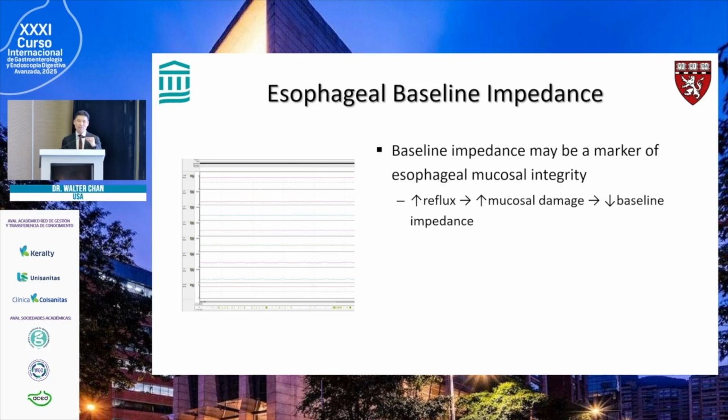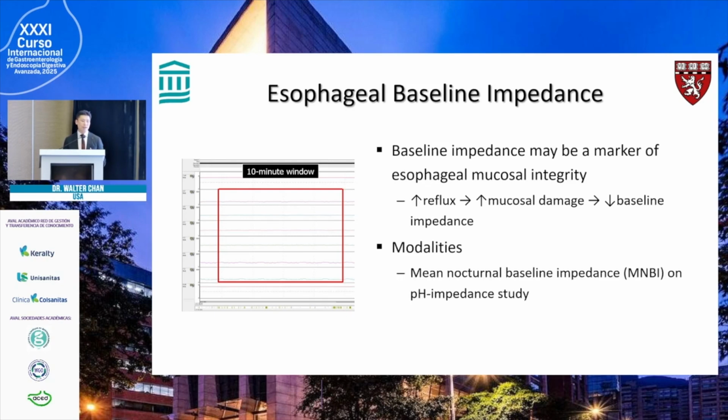The more damaged the esophageal mucosa is, the lower the baseline impedance is. So when you have a patient who has more reflux, they may have more mucosal damage, they may have lower baseline impedance. And this has been looked at in patients with and without reflux, and it has been shown that patients with abnormal reflux will have lower baseline impedance.